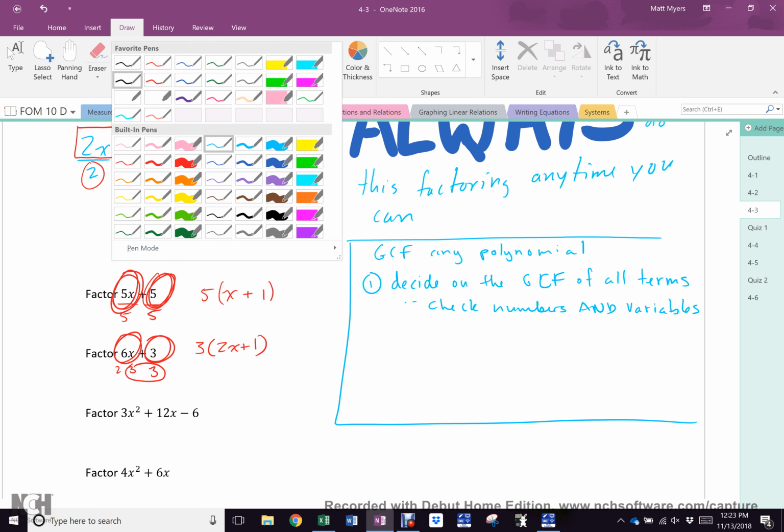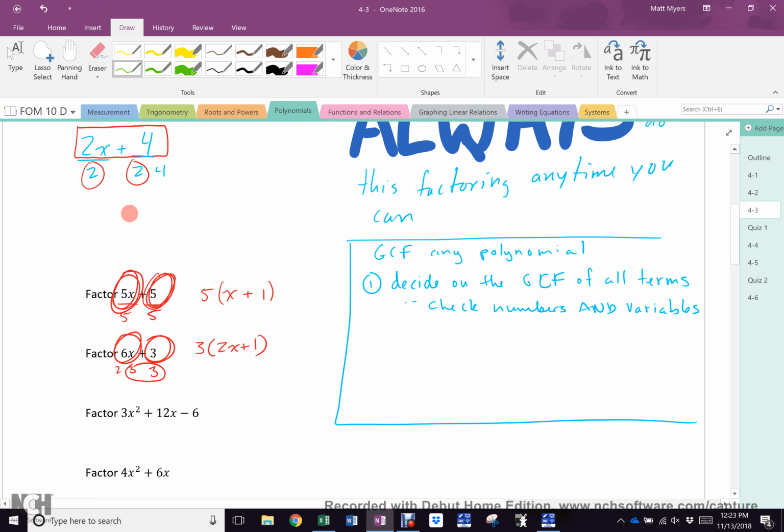What was step 2? Once I had that GCF, what did I do with it? I divided, right? I saw a bunch of people doing this. That's divide. Step 2, I divide all terms by the GCF.